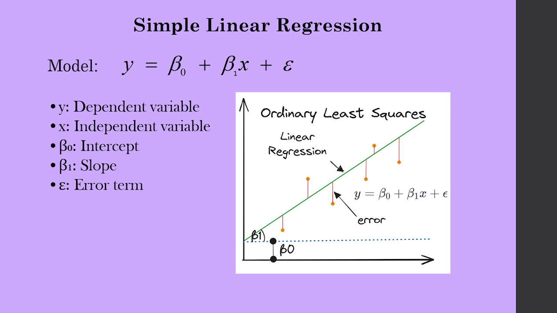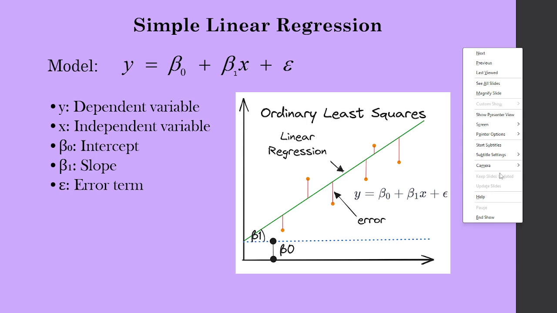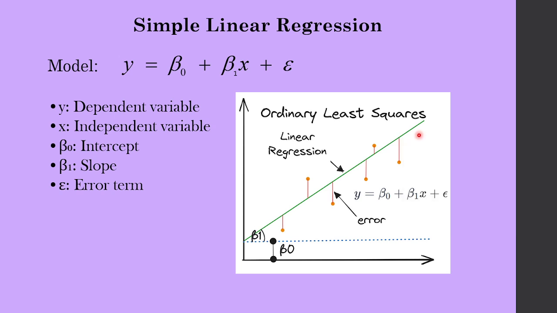So the model that we can take is y equals b naught plus b1 x plus epsilon, where b naught is the y-intercept, b1 is the slope of the line, the linear fit we are doing, and epsilon is the error. From this graph, you can see the difference between the value on the line and the observation point. This difference is called the error.